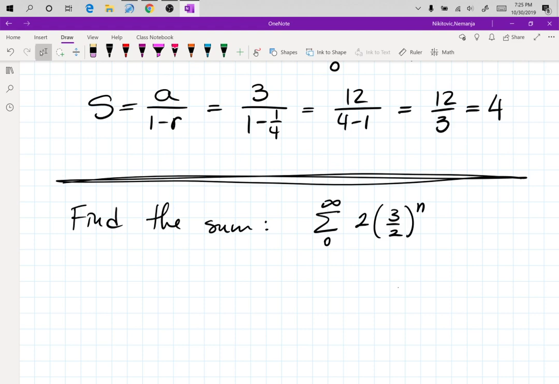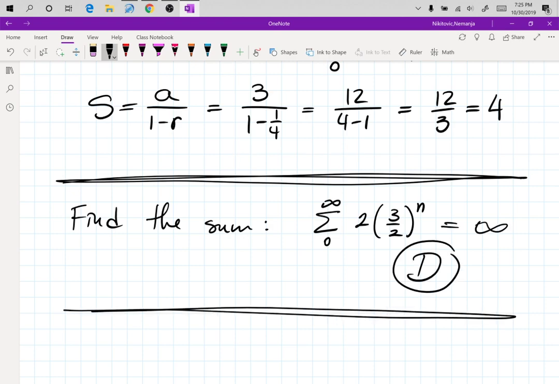Nice. I tried. Equals infinity. It's a divergent series. It's 3/2 is bigger than 1. So, right? Cool.